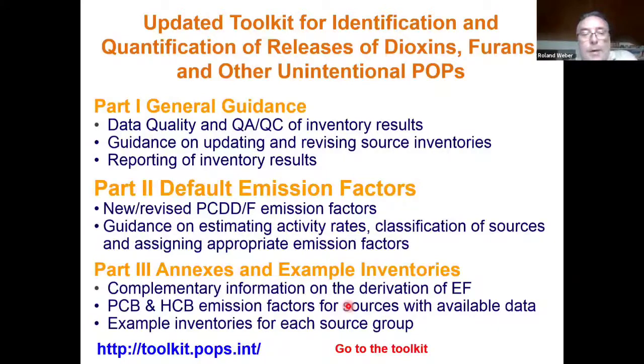You not necessarily have to look at it, but in this part 3, you have all the background information, how the emission factors have been calculated. And also it contains example inventories for the different source groups, where you can have a look how other countries have developed a certain inventory, for example, for the metal industry or for incinerators.